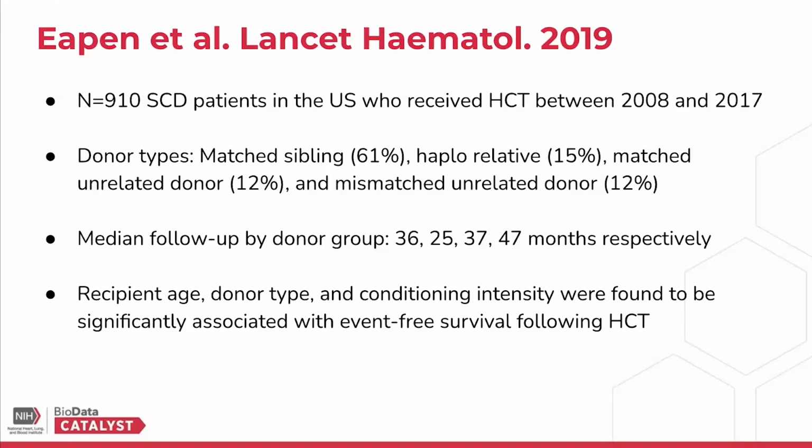So matched sibling being the gold standard donor type that everyone wants to have, but not everyone has one available. So there are a smattering of alternative donor options, including haplo relatives, and then either matched or mismatched unrelated donors. The median follow-up of this study was relatively short, with 2 to 4 years, depending on the donor group. And that'll play a factor here in a second, and I'll explain that.